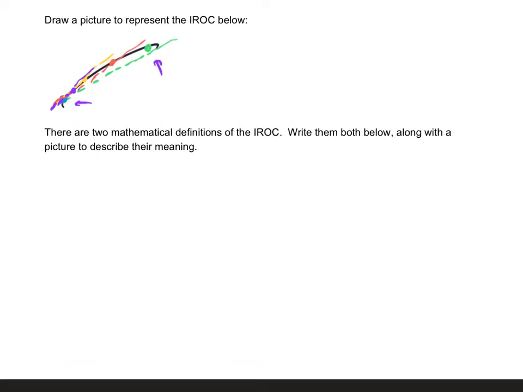All right, so the first one is I have 2 points, and one of my points is going to be fixed, meaning it's not going to move. That's going to be the place where I want to find the IROC. So whenever you have fixed points in math, you tend to represent those with letters from the beginning of the alphabet.